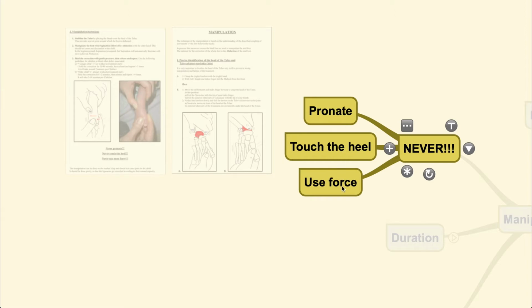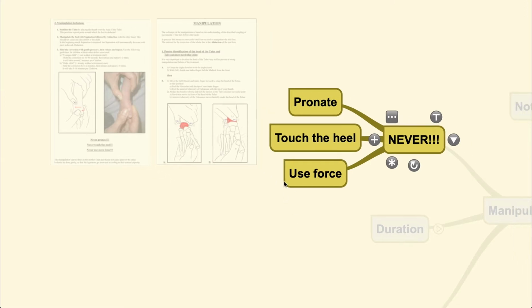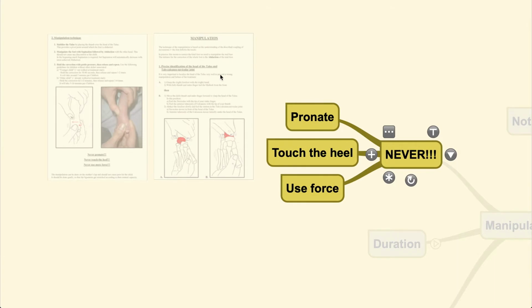Even though the deformity consists of a supination type of deformity, pronation is not advised, because the foot is actually derotated from its normal position, and what you are trying to do is derotate the whole foot as a block. You do that by using the talus as the axis of the manipulation.